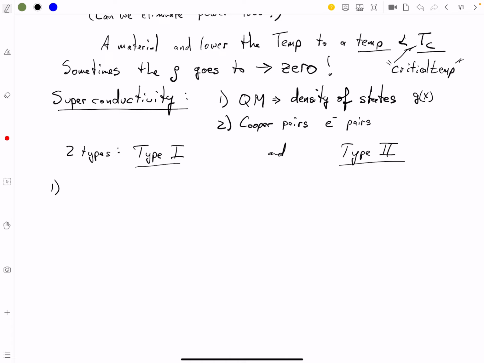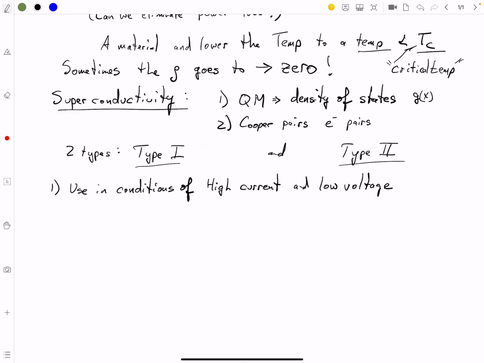One, we can use it in conditions of high current and low voltage, where normally we would have a lot of power loss.